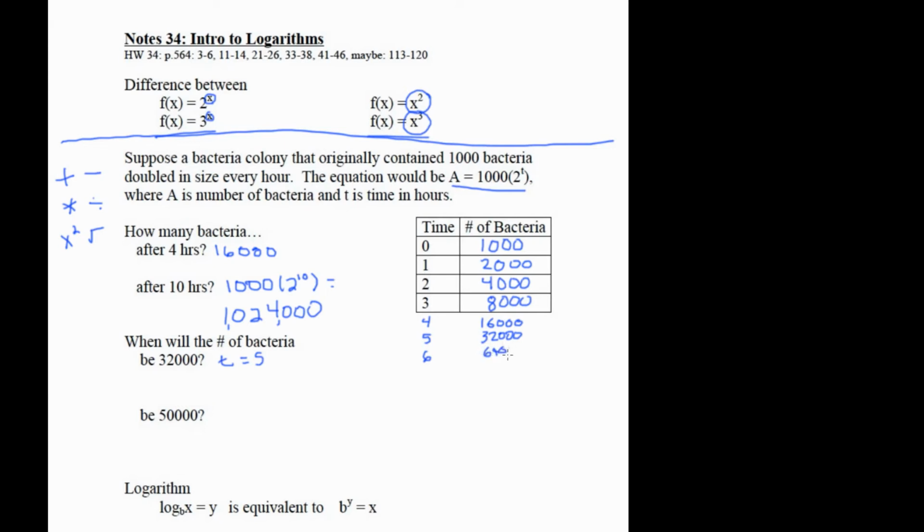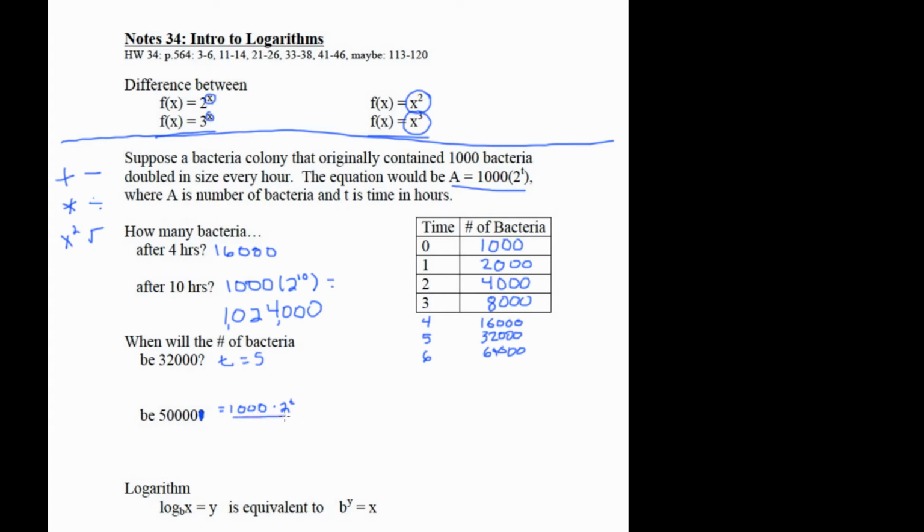How can we solve for that exactly? Let's go back to our equation. We know that this equals the amount of bacteria. So if we set that equal to 50,000, we'll have this equation: 50,000 equals 1,000 times 2 to the t. And we'll try to solve for t.